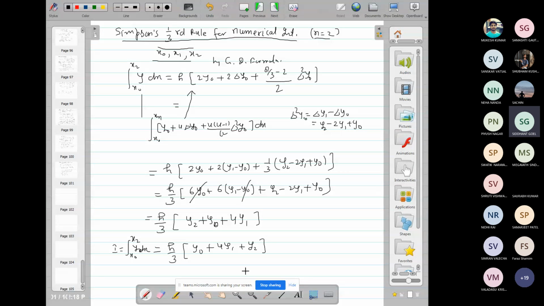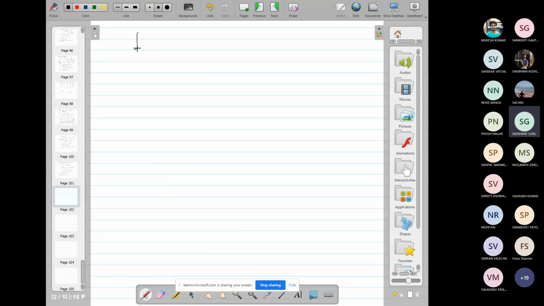To generalize the formula, suppose the problem is to find the integral from x0 to xn. Here n must be a multiple of 2. Then this can be written as the integral from x0 to x2 of y dx plus the integral from x2 to x4 of y dx and so on, plus the integral from xn minus 2 to xn of y dx.